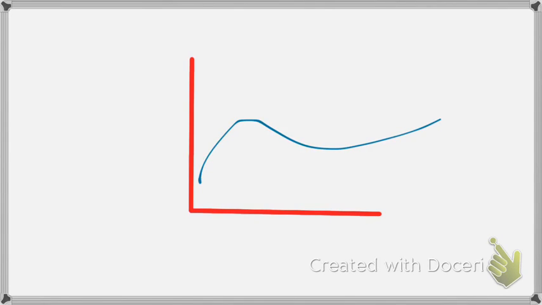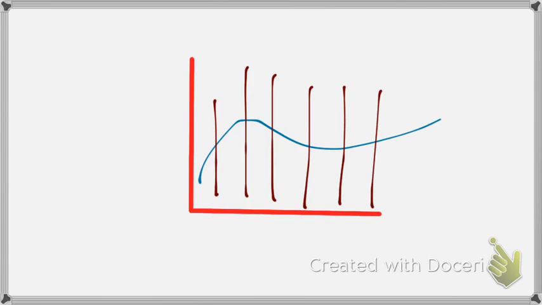All right, and then the easier one, which we actually saw on our benchmark, is graphing. If they draw a line, doesn't matter what the line is, we want to check how many outputs we have by drawing vertical lines. This is a function because my vertical line only hits that line one time.